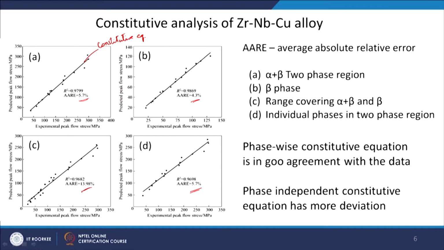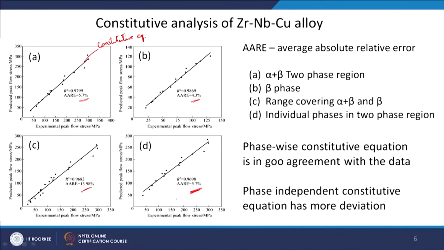Similarly, when we used the data of extrapolated values and combined them together to get the activation energy of the two phase region, again the error was small.